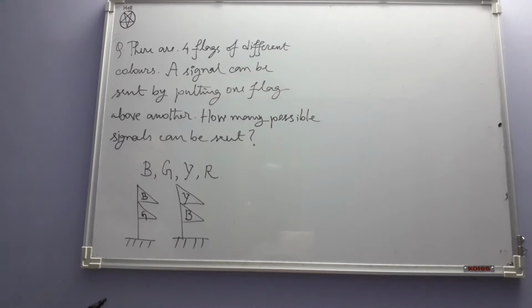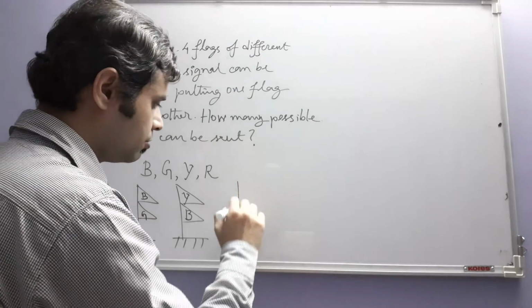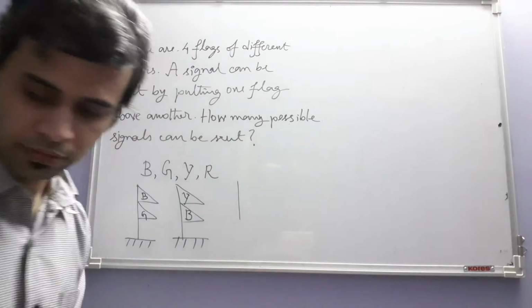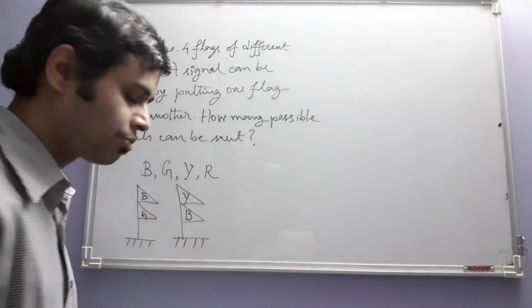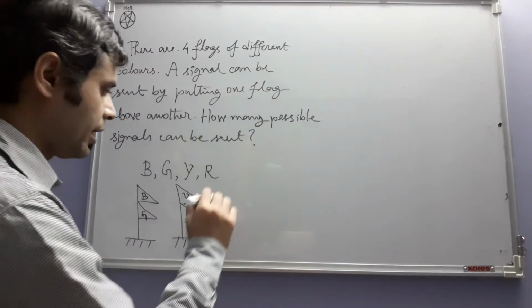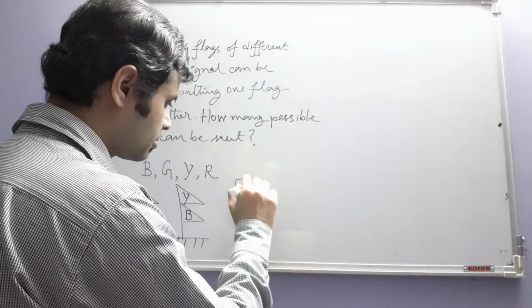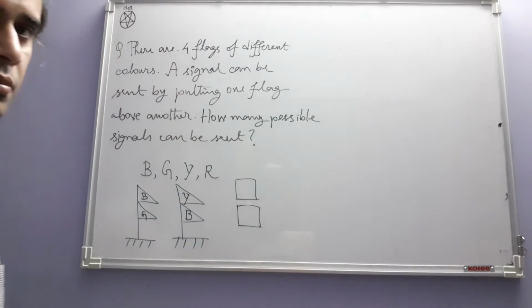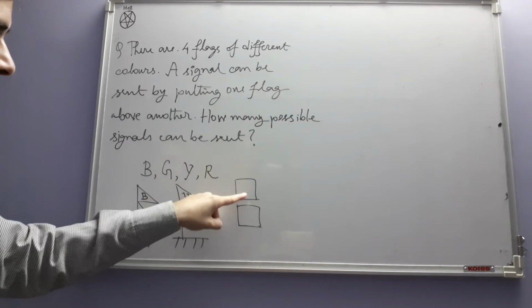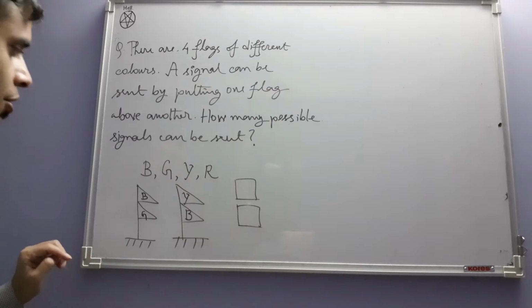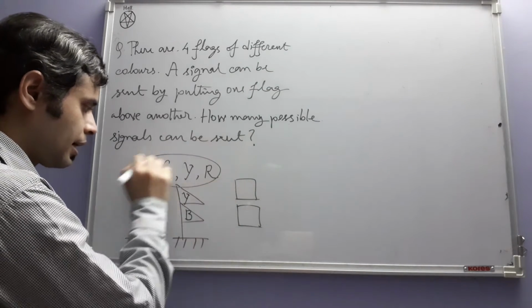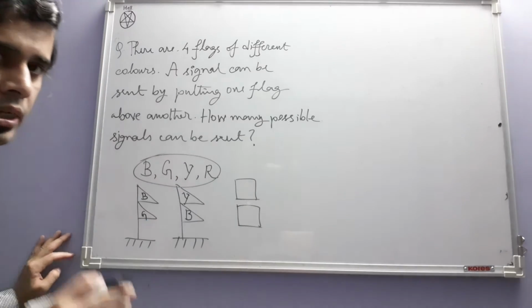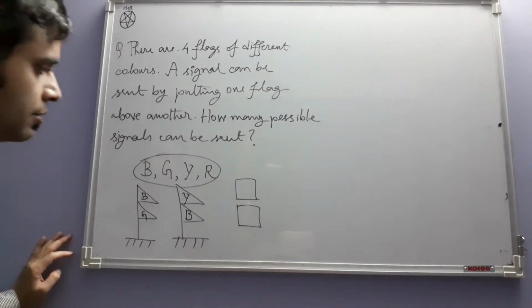So you see, when you look at this problem, it's just simply asking you to find the number of ways of arranging 4 objects when we take only 2 at a time. One flag, another flag. Also note that they are of distinct colors. So that means they are distinct objects.